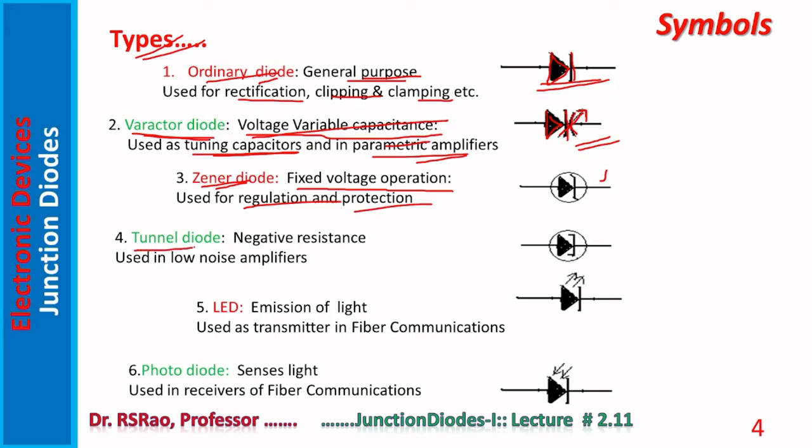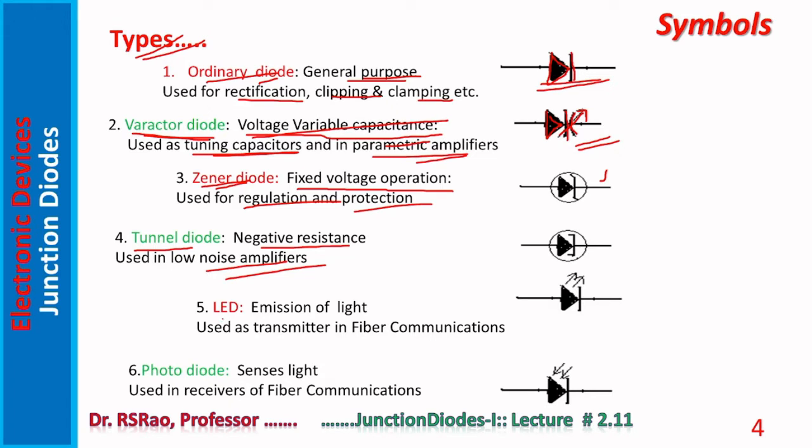Another special diode is tunnel diode. It is well known for its negative resistance. It is used in the design of low noise microwave amplifiers and microwave oscillators too. Tunnel diode, when it is used in amplifiers, in oscillators, acts as an active device.